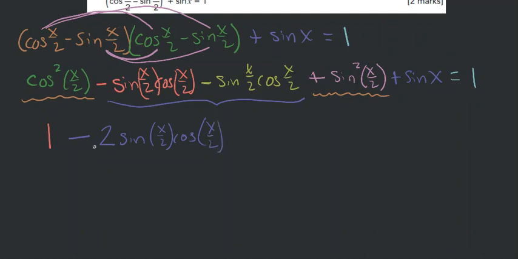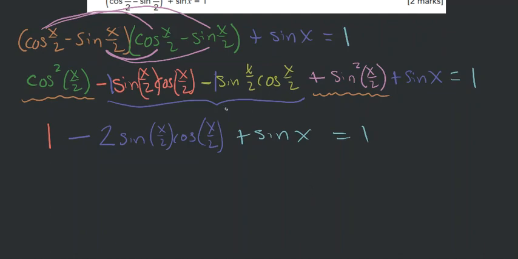We have two of them, so we put the 2 in front, and they're both negatives. Maybe it'll help if you see it as minus 1 sine x over 2 cos x over 2, and another minus 1 sine times cos. By the way, you can see it here. I put brackets here. I didn't put brackets. It's up to you how you want to write it there. Then, after that, we have this plus sine x equals 1.